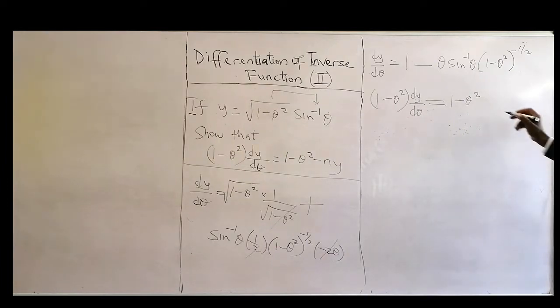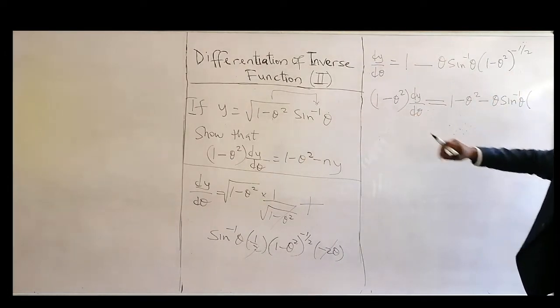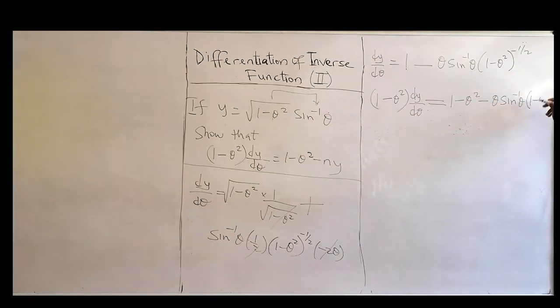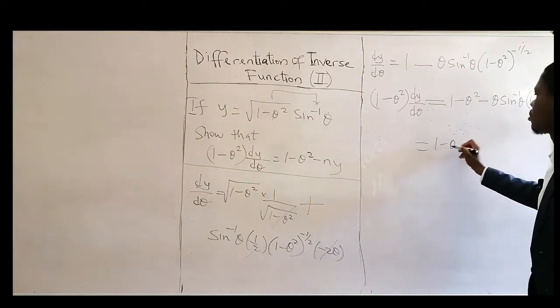Then minus theta arc sine theta, and don't forget that this one and this one, they have the same base. Then you subtract this half. You are multiplying plus 1. Half plus 1, that's half. So by the time you do it, you get your 1 minus theta squared.